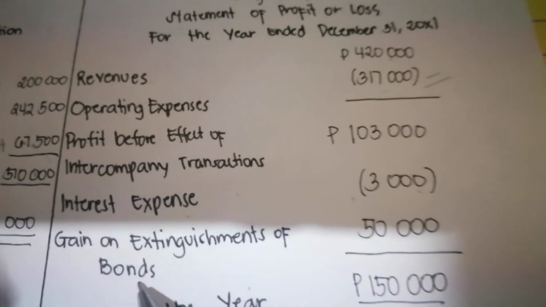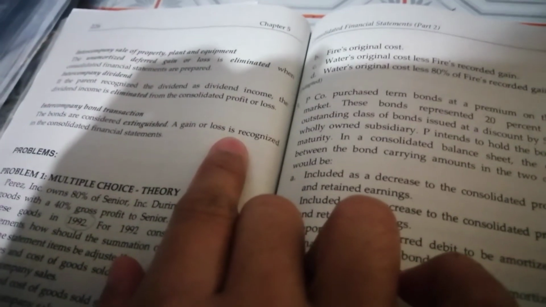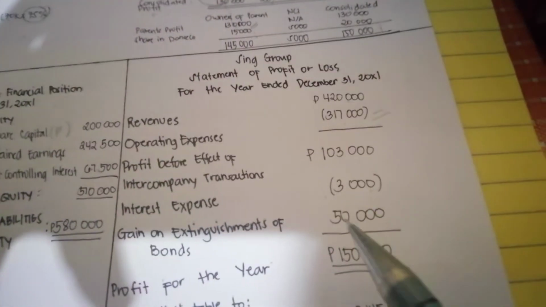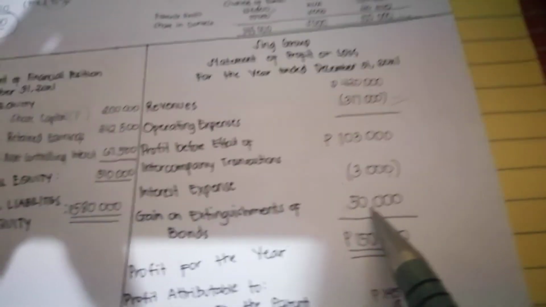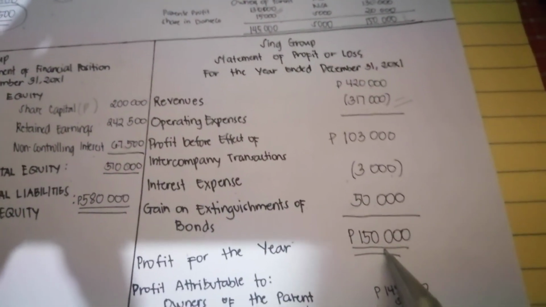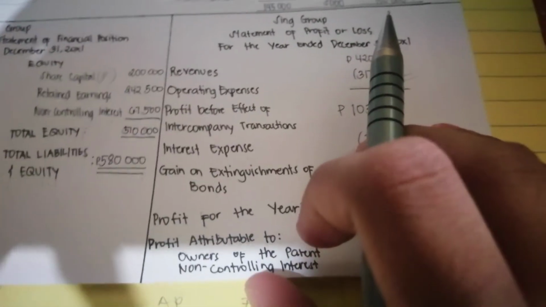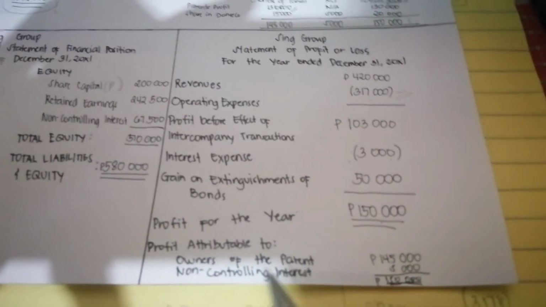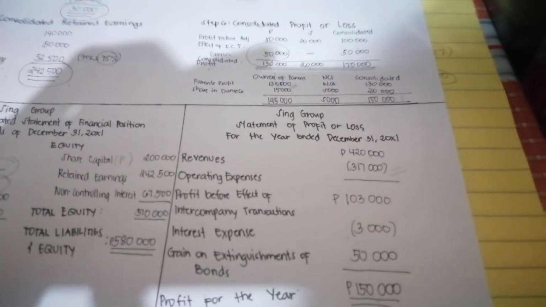Plus add the gain on extinguishment of bonds because, in the definition, a gain or loss is recognized in the consolidated financial statements. So, we recognize the gain on extinguishment of 50,000. Profit for the year, total of 150,000. Profit attributable to the owners of parent, 145,000, and NCI, 5,000. You can see this in step number 6.